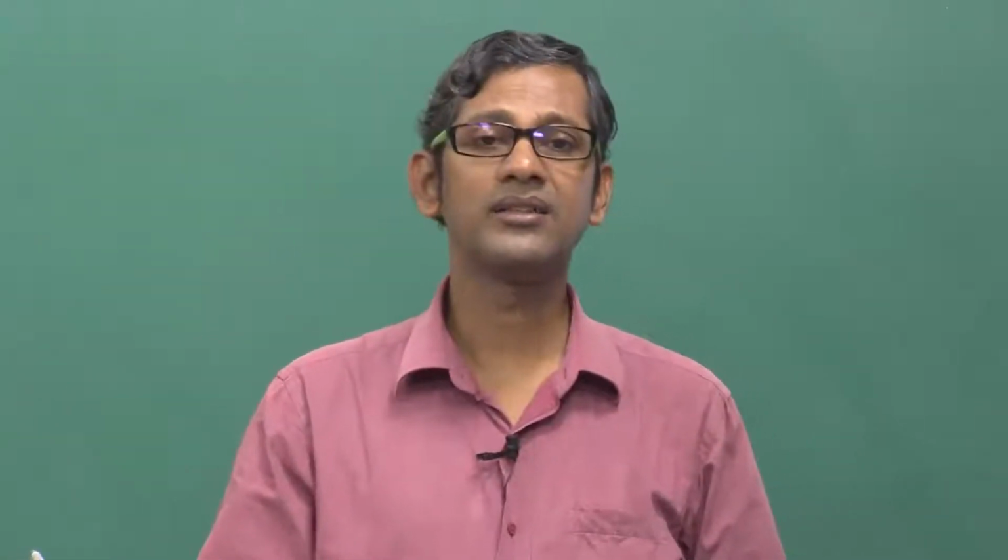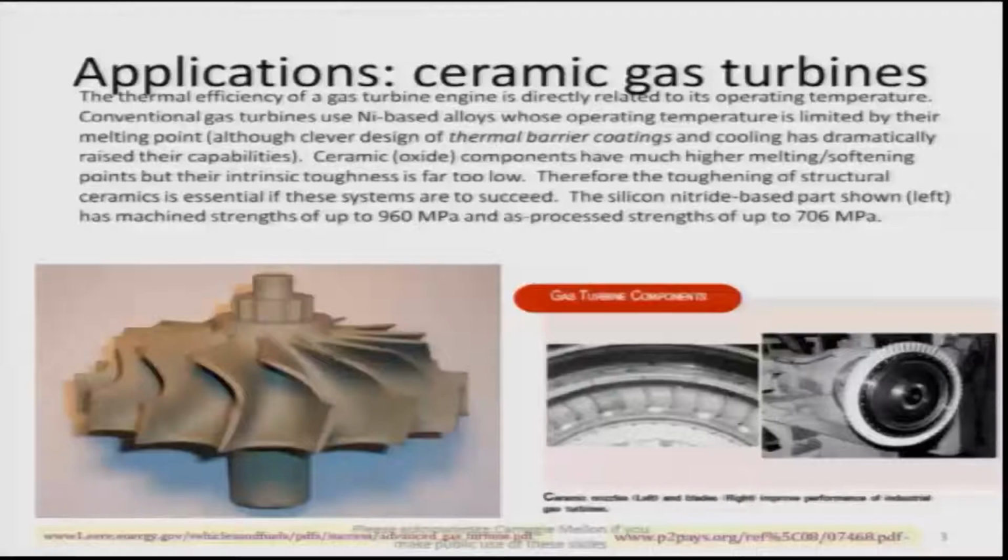That is why there is a search for new materials, and ceramics obviously have much higher melting temperature, so they can be used. But the problem is that ceramics are relatively brittle, they have very low toughness. Therefore, toughening of structural ceramics is essential if you want to use them.